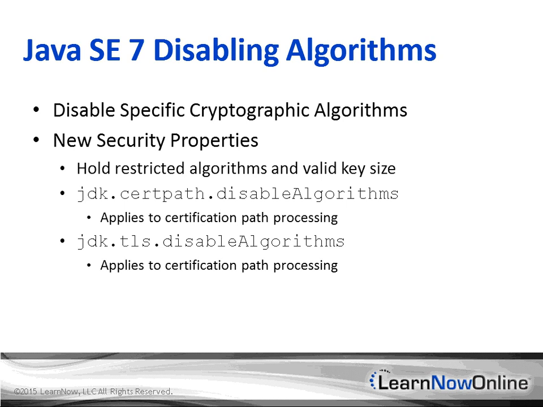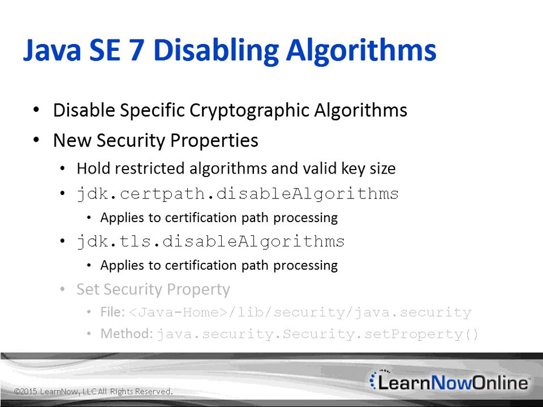This security property overrides anything explicitly coded in your application. So even if an algorithm is explicitly enabled in the application, it will still not be used in SSL TLS negotiation if it's listed in this property.